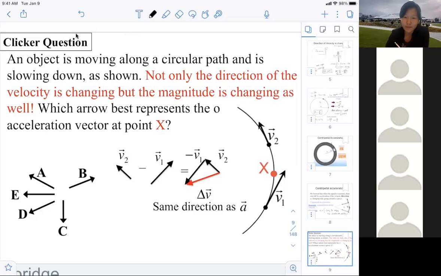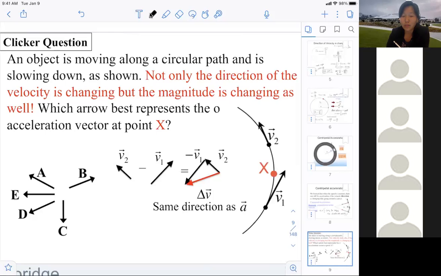So in finding the acceleration, regardless of the magnitude of the velocity vector, the acceleration vector will always be perpendicular? No, only when this acceleration is changing the direction of velocity, but not the magnitude. If this acceleration is changing both the direction and the magnitude of velocity, then it cannot be 100% perpendicular.